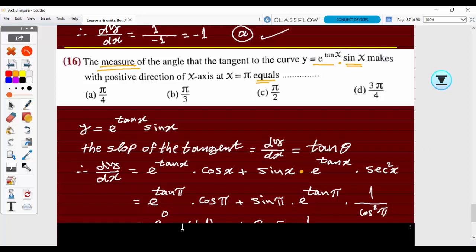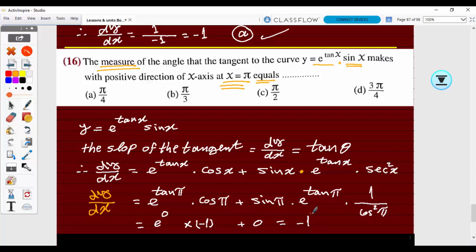Directly substitute θ equals π because required at x equals π. So we have dy/dx equals e^(tan π) dot cos π plus sin π dot e^(tan π) dot 1 over cos² π. Using your calculator, you will get negative 1. So dy/dx equals negative 1.